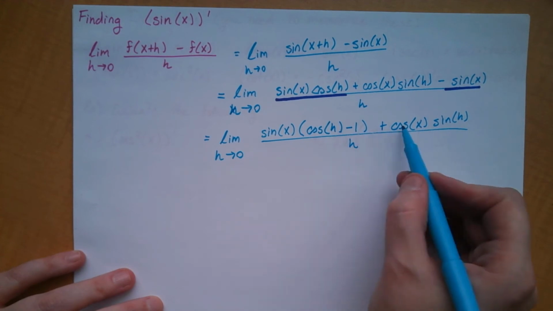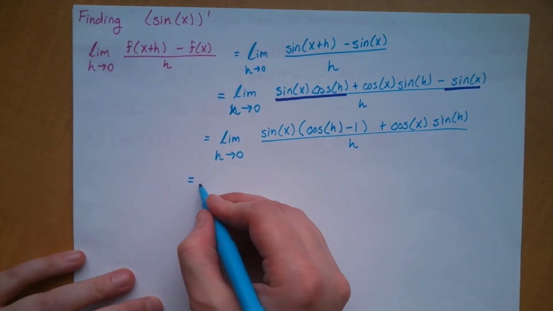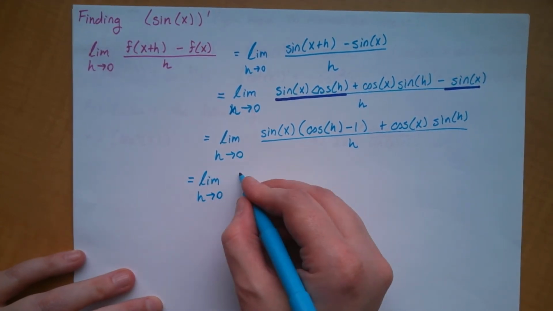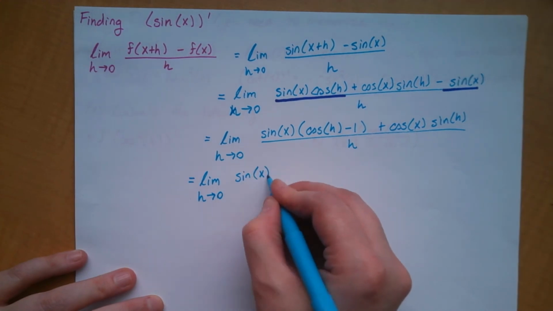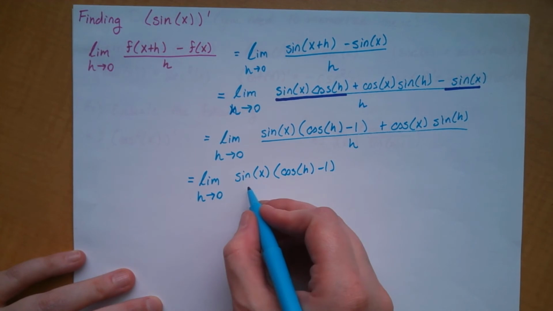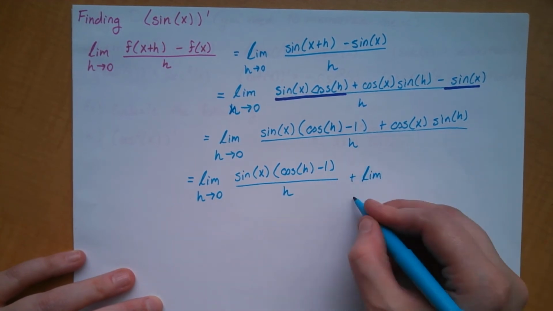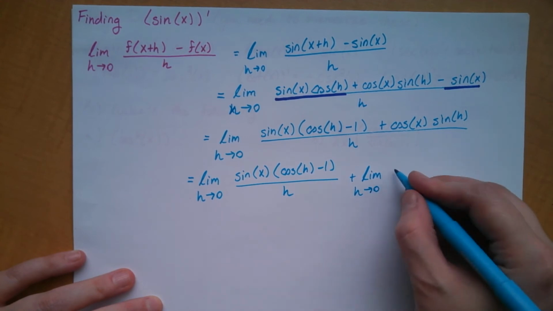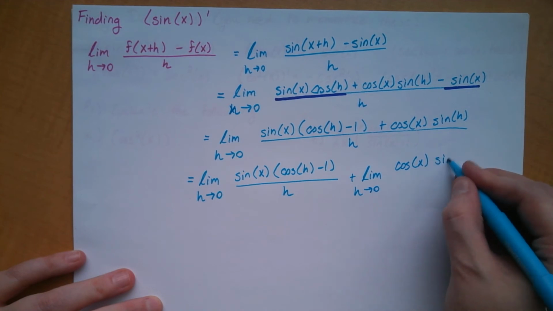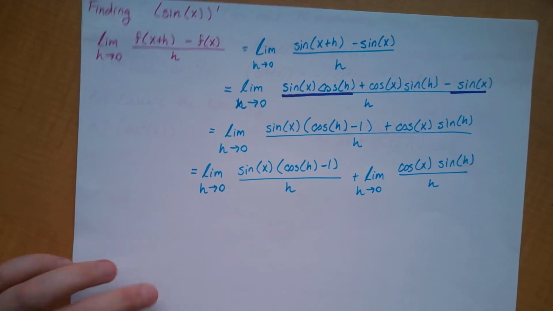If I'm adding two terms and dividing by h, I can split those up into the limit as h approaches 0, sine of x times cosine of h minus 1, all divided by h, plus the limit as h approaches 0 of cosine of x times sine of h, all divided by h.